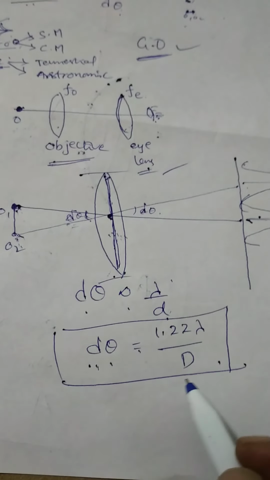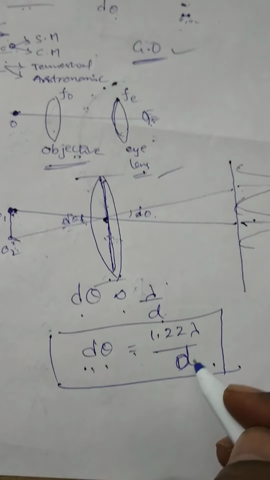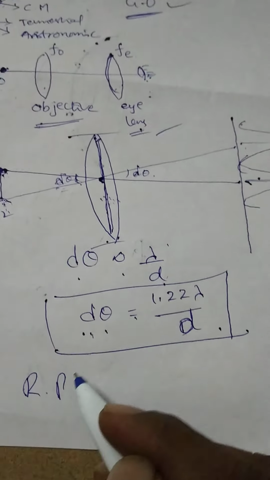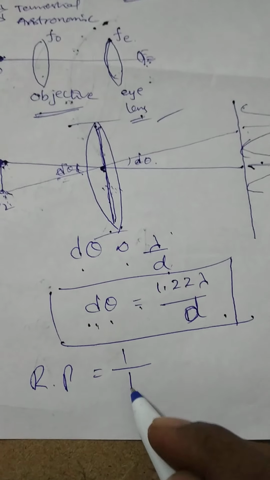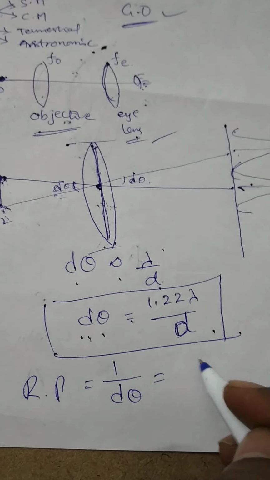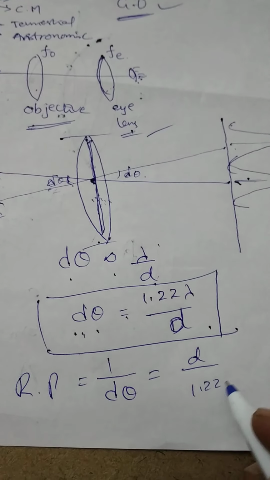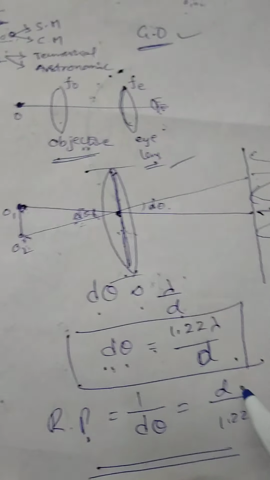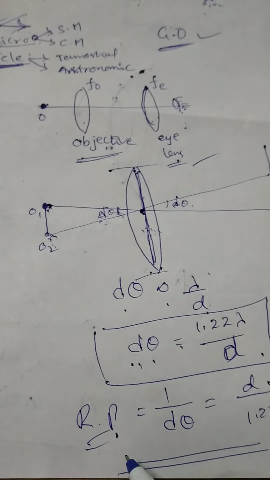Limit of resolution of the telescope. Again, the resolving power of the telescope is the reciprocal of the limit of resolution. It is equal to D by 1.22 lambda. This is the formula for the resolving power of the telescope. So what is resolving power?